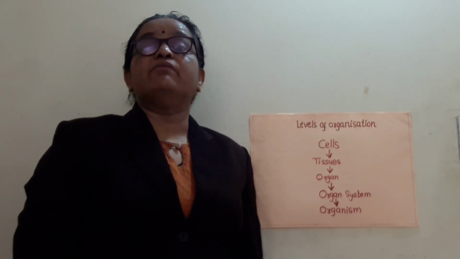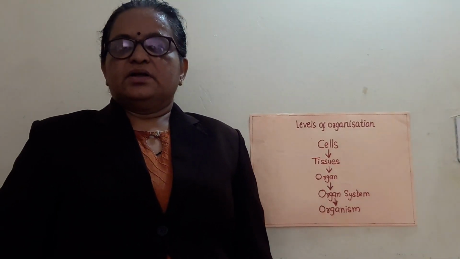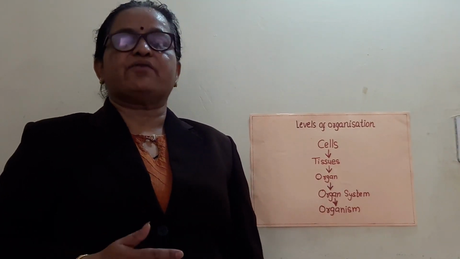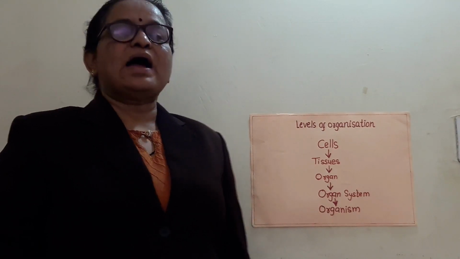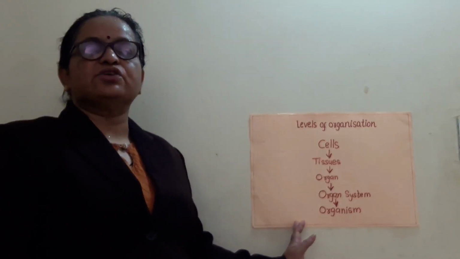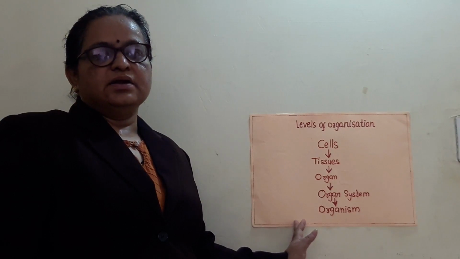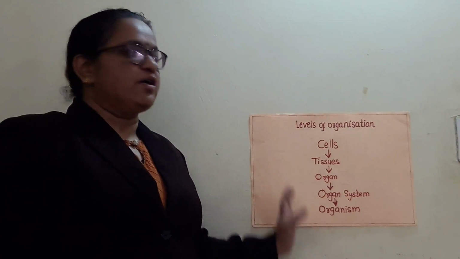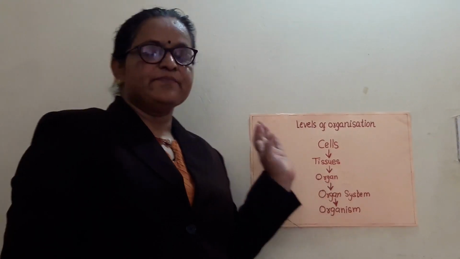In this session you have learned these levels of organization. Now you have to check whether you have understood or not. For this you have to keep in mind this flow chart of levels of organization. Then you have to keep in mind the definitions. The cell is the smallest structural and functional unit.